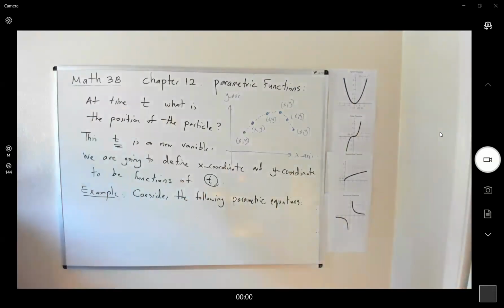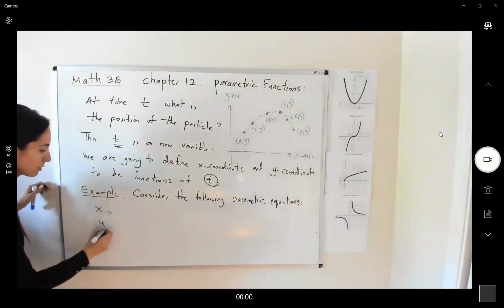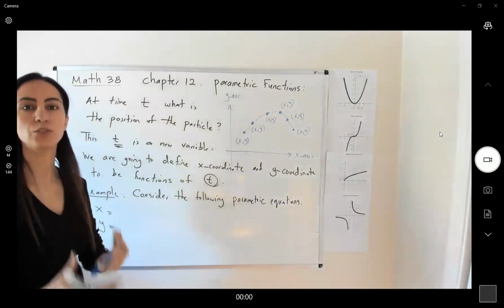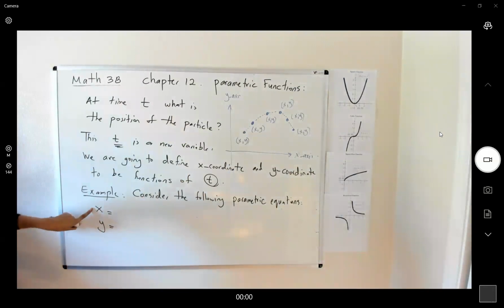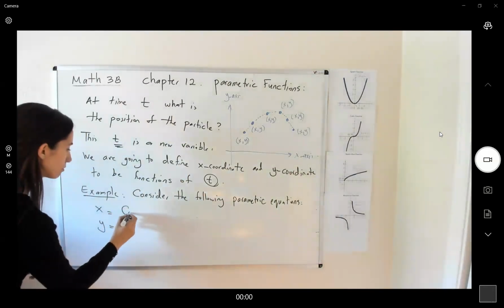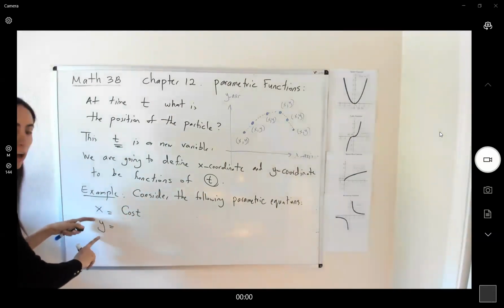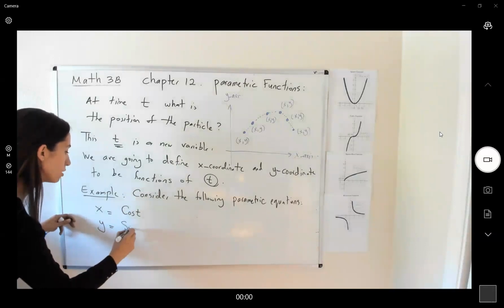What I'm doing is defining x coordinate and y coordinate using a new variable. Suppose I define x coordinate to be the function cosine of t, and I'm defining the second coordinate, y coordinate, to be sine t.